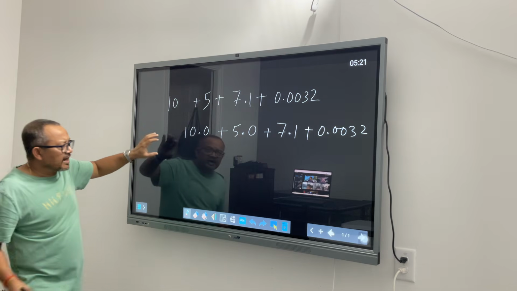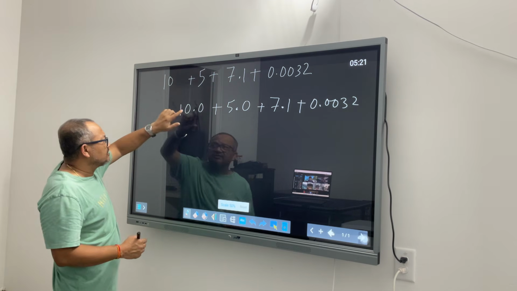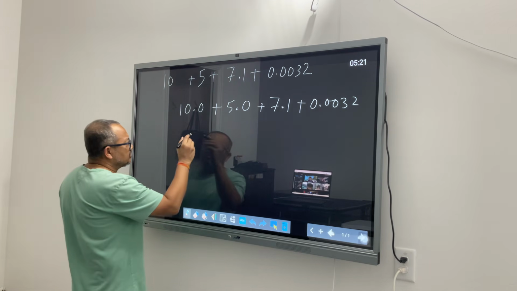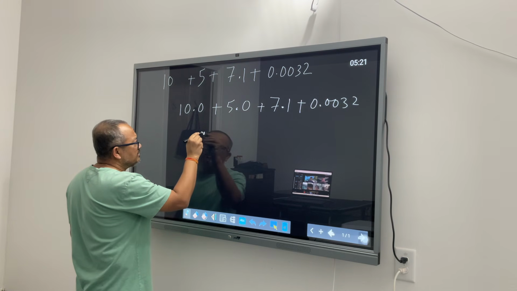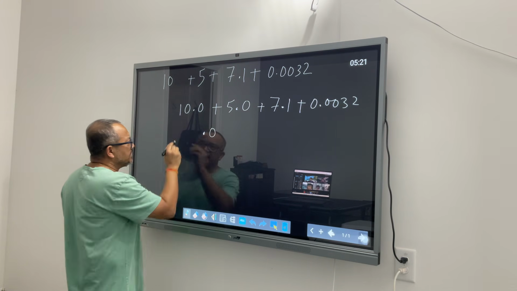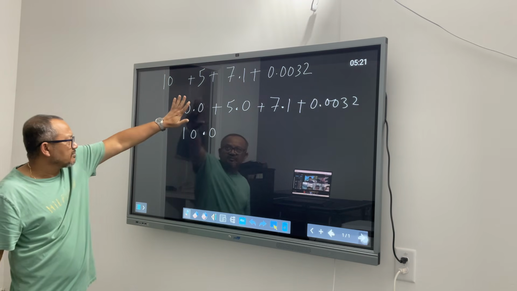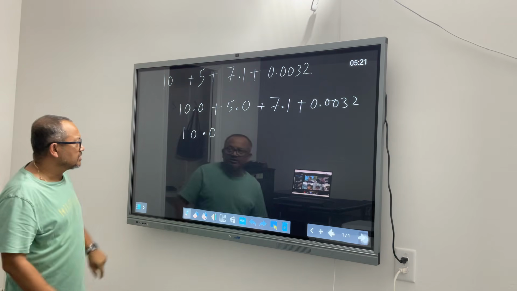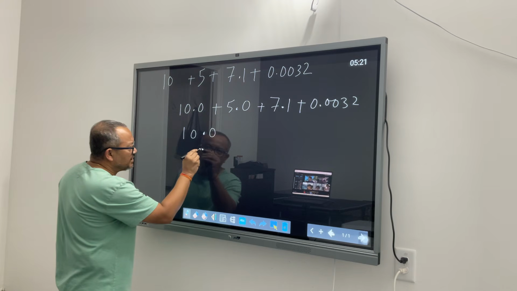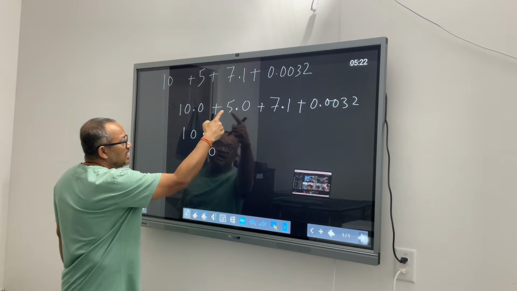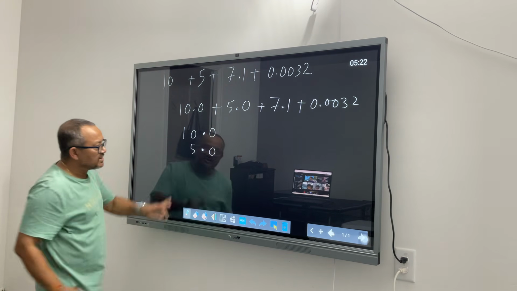We will just go on adding them. Let's write this number first. 10.0. So the point is here in the middle, 0 on this side, 10 on this side. This is the first number. I have to add 5.0 to it. So I'll put a point here, 0 on this side and 5 on this side. See, I'm just writing it down.